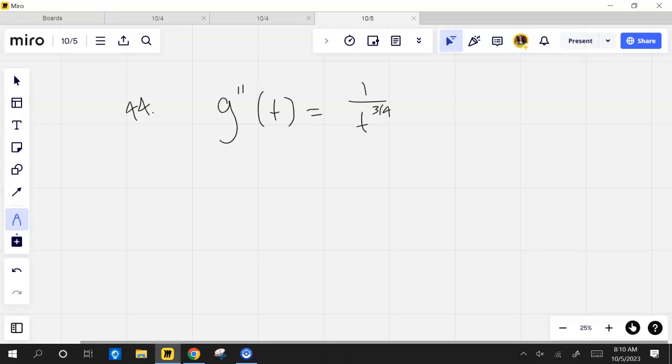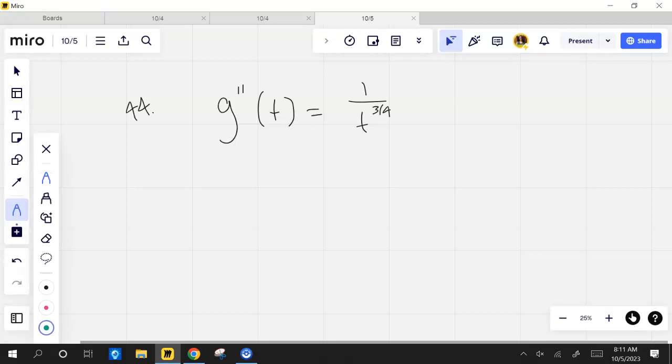So I'm going to start with A, and I'm just going to take the derivative of the derivative and see if that's what I get. So A. Derivative is 4 times the 4th root of t minus 4.